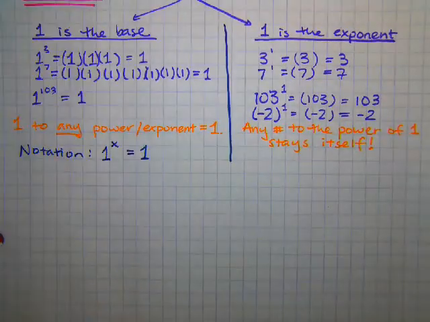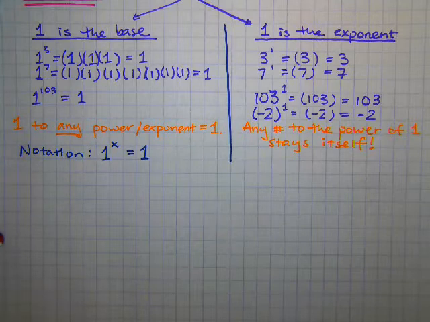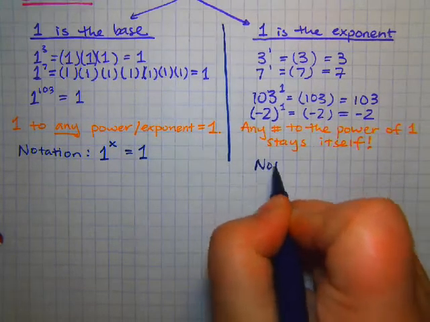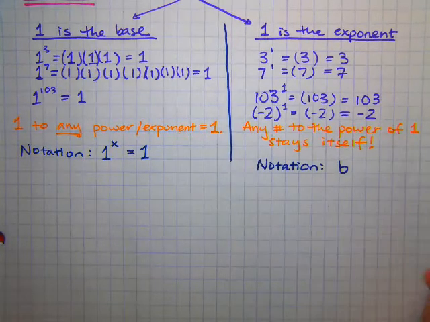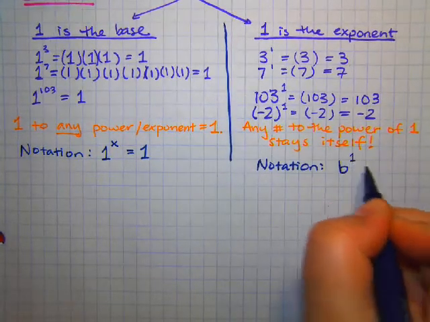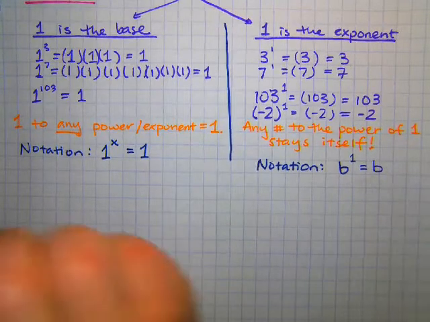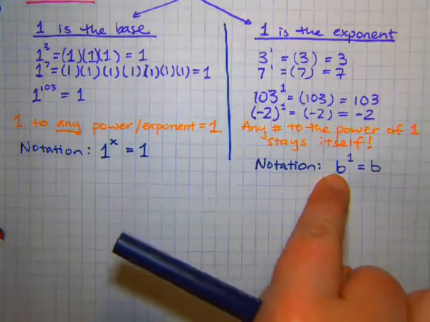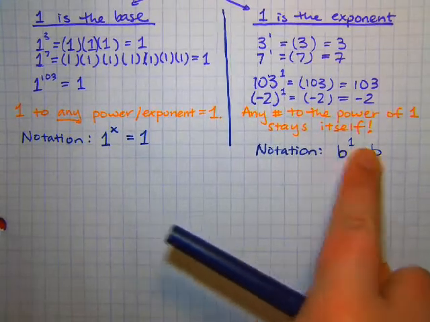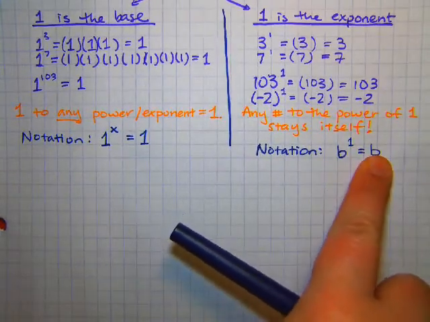The way we can write that using notation is, let's call it b for base: b to the first power is equal to b. It stays the same. Whatever this b is, I know it kind of looks like a 6, I'm sorry, if you raise it to the power of 1, it just stays the same.